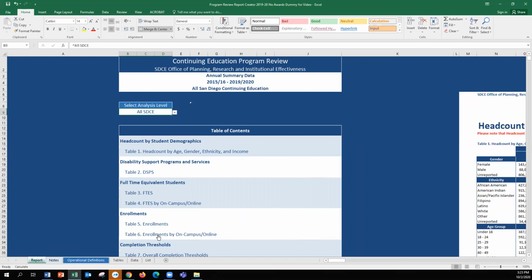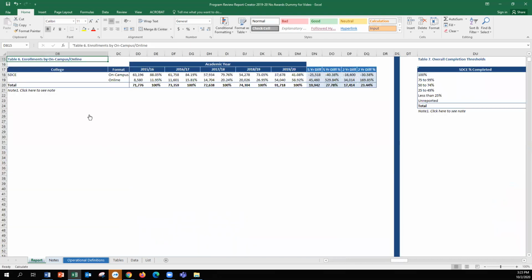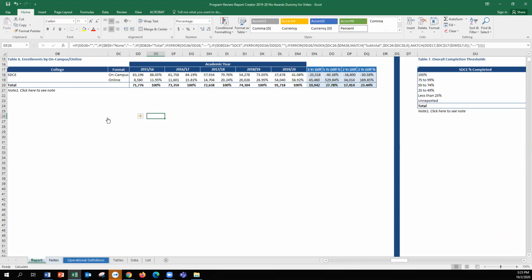So he checks all SDCE, then goes to enrollments by on-campus and online to make sure. It turns out that yes, the trend is clearly showing. In 2015-2016, you had only 12% of your students online, while this last year you have 60%.